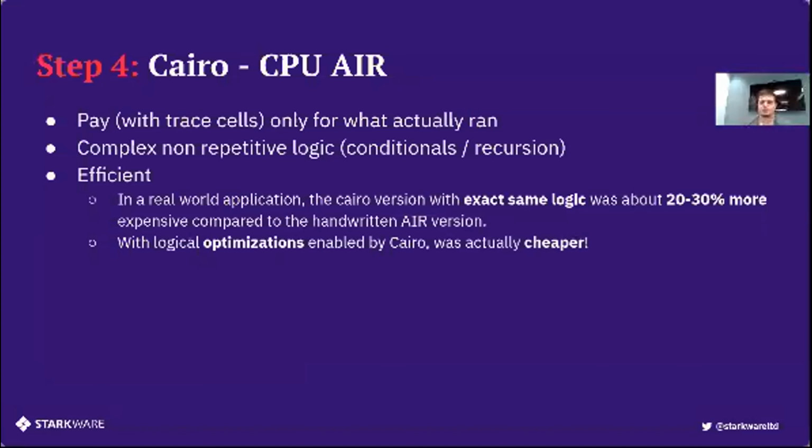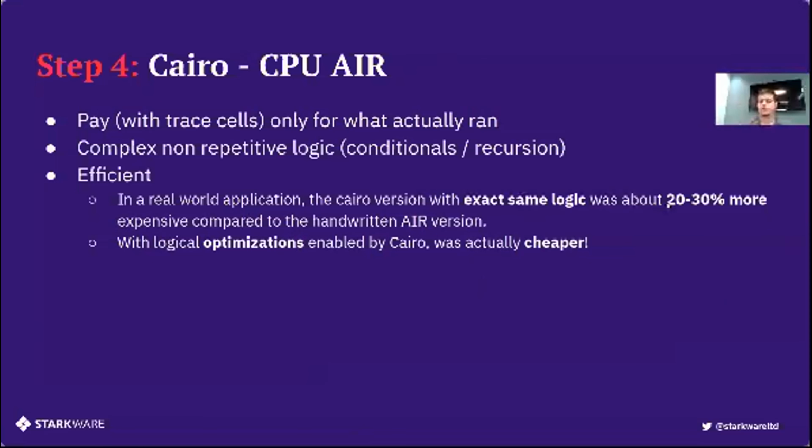And the main reason for that is that a lot of applications, and this one in particular, use a lot of built-in components, in this case, hashes and the verifications of signatures, which are written in handwritten AIR, but all the logic on top of it is written in this virtual machine. So we basically get the best of both worlds. The hard parts are optimized using handwritten AIR components, and we get the logic of a Turing complete machine in a high-level language.